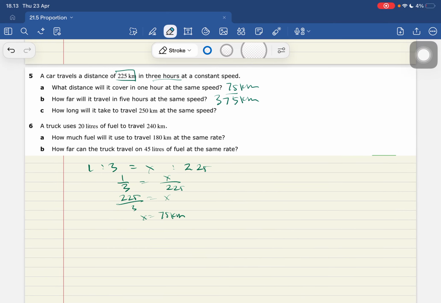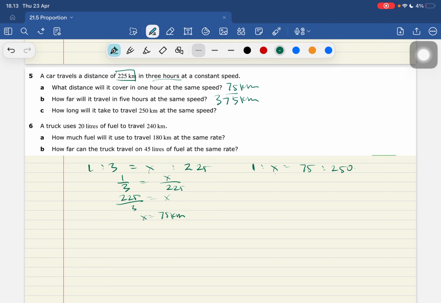Let's make it into hours. 1 hour to an unknown time x equals 75 kilometers to 250 kilometers. Make it into a fraction: 1 over x equal to 75 divided by 250.